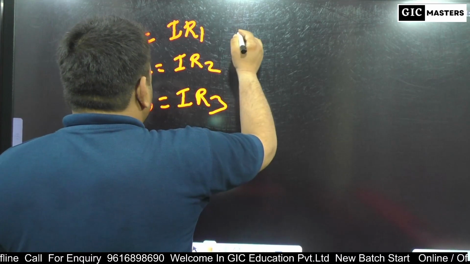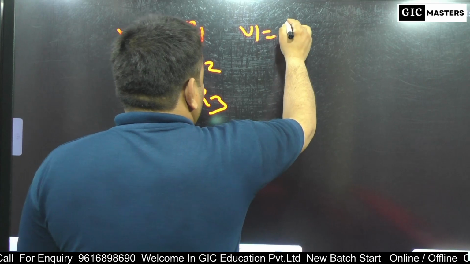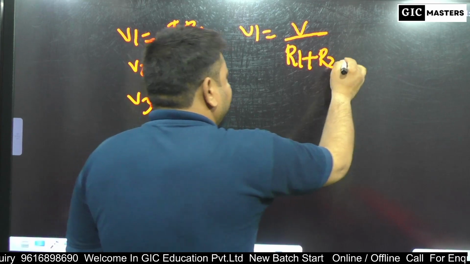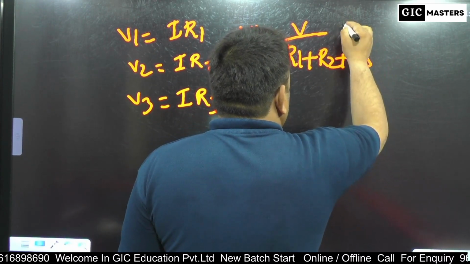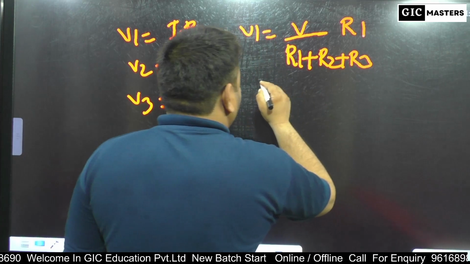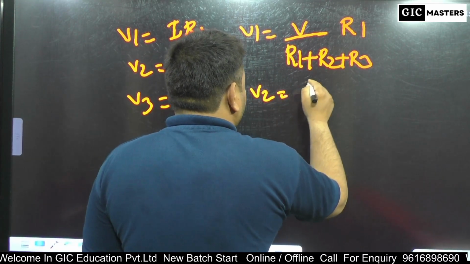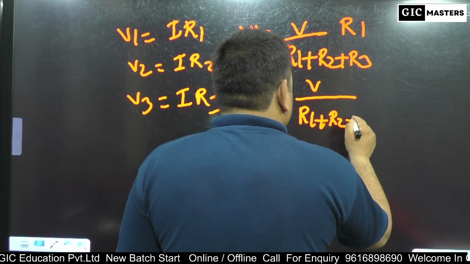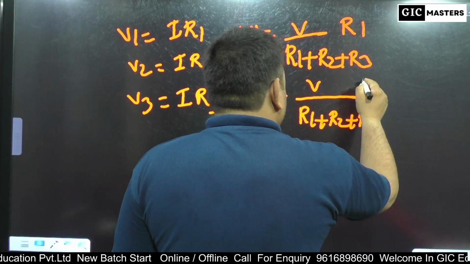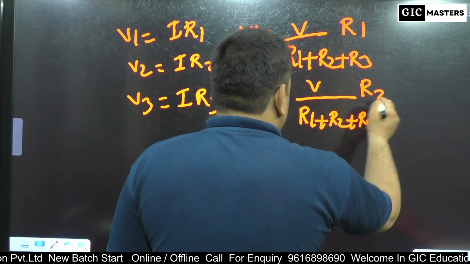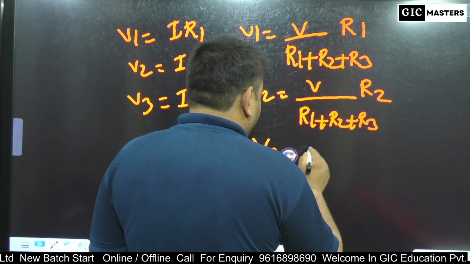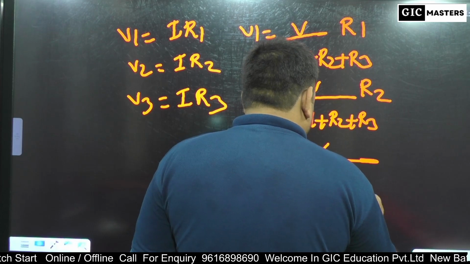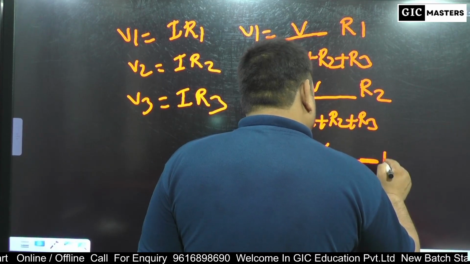In place of I, we put V upon R1 plus R2 plus R3. So V1 equals V upon R1 plus R2 plus R3 into R1, V2 equals V upon R1 plus R2 plus R3 into R2, V3 equals V upon R1 plus R2 plus R3 into R3.